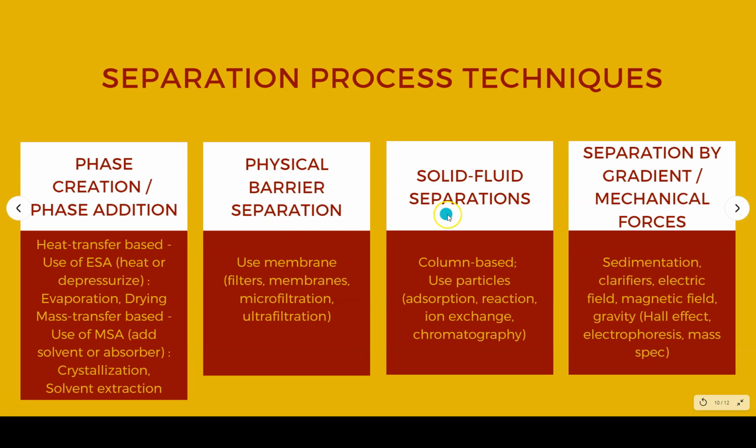The third one is solid fluid separation. Since there are two phases, we will use solid fluid separation. Usually solid fluid separation happens in a column. It is column based and uses particles. So inside the column, you will have the adsorption process, reaction, ion exchange, and also chromatography.